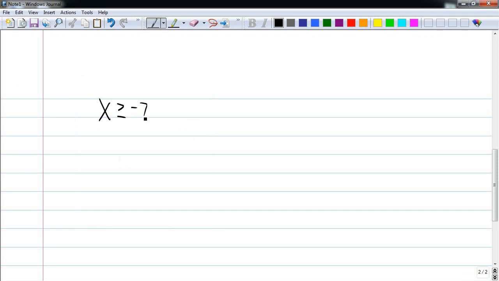Now remember that an interval consists of a lower bound and an upper bound, a low number or a high number. Now spoiler alert, we will use -7 in our interval somehow. The question is, is -7 as low as x can go or as high as x can go?